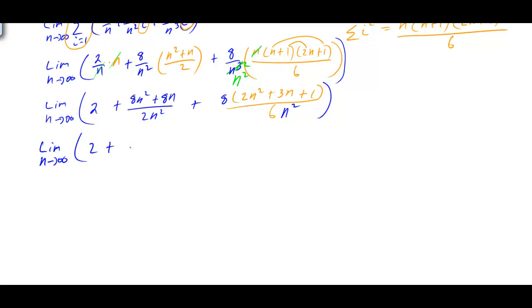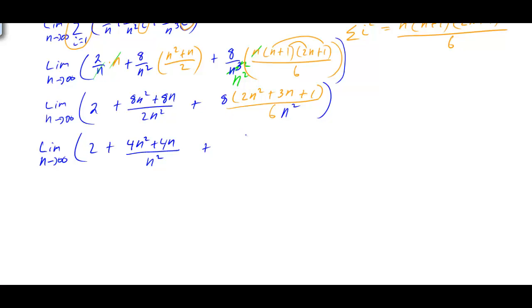So the 2 we can leave alone. This part, we can actually divide the 2 into the 8, and we would end up with 4n squared, and then the 2n, 2 into the 8, we would have 4n, and this is all over n squared.